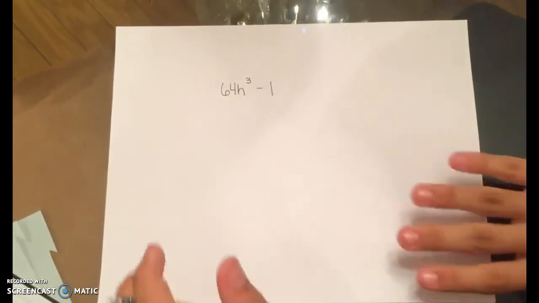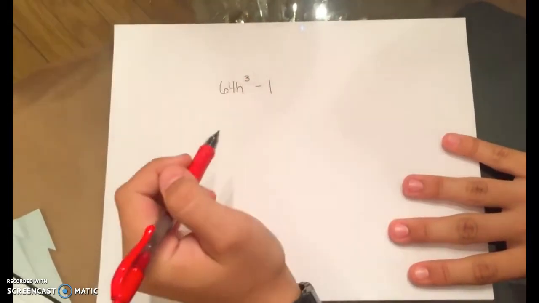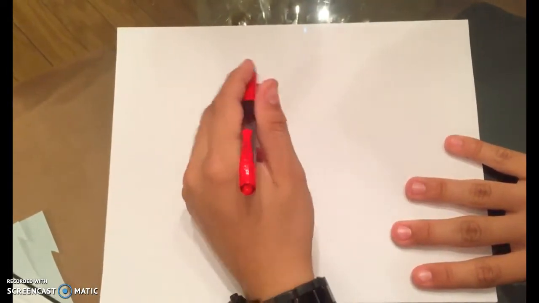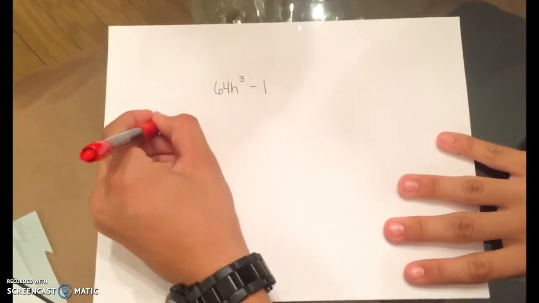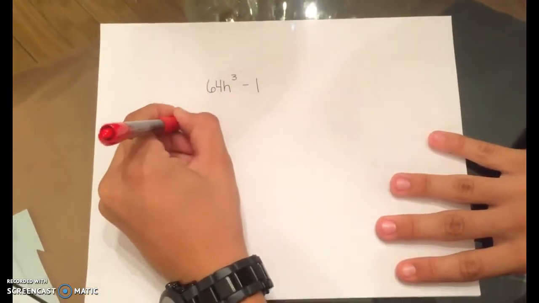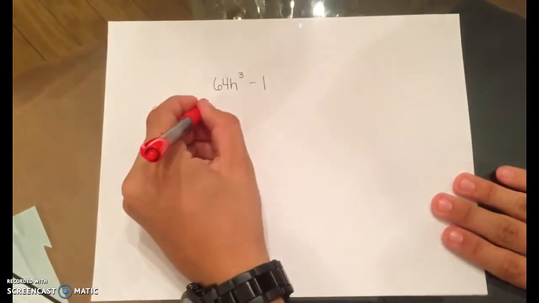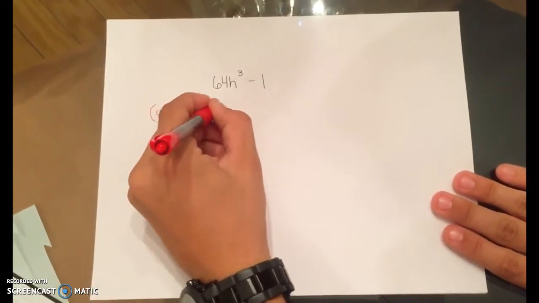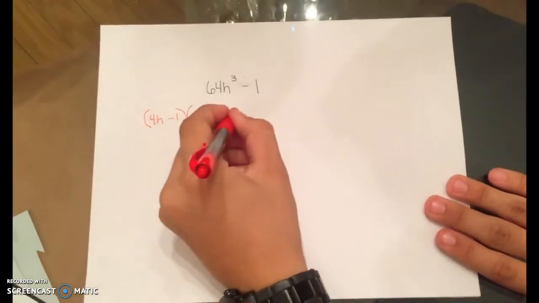For the next one, it's kind of like the same concept, except for this one we have a 3, which is going to be factoring the cubed root of that. You're going to be taking out your greatest common factor, with that being the 4. You're not actually going to bring that out of the parenthesis, though.